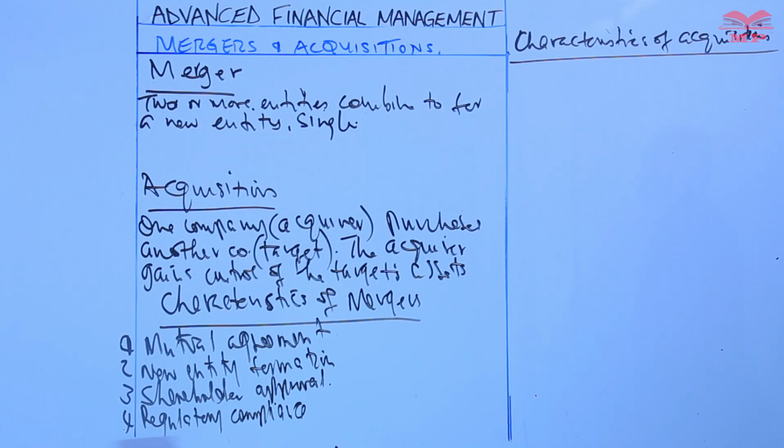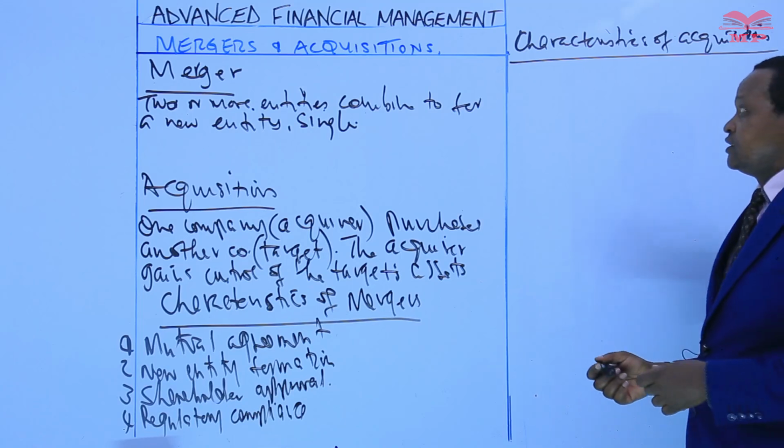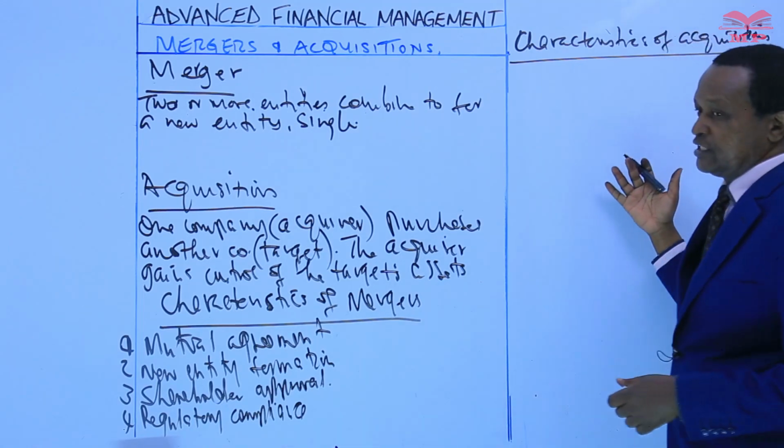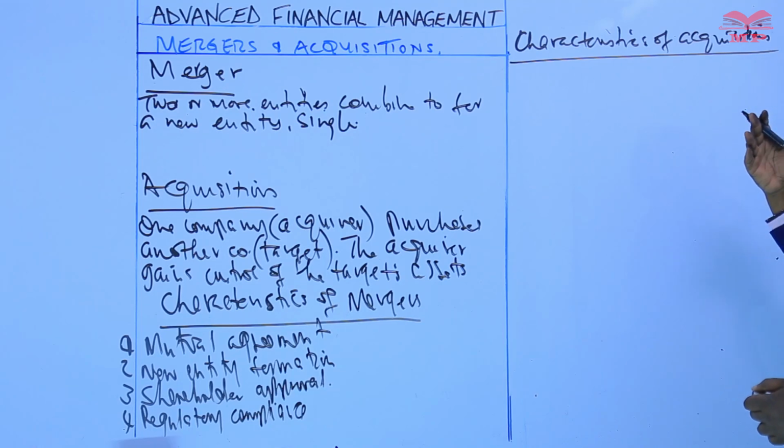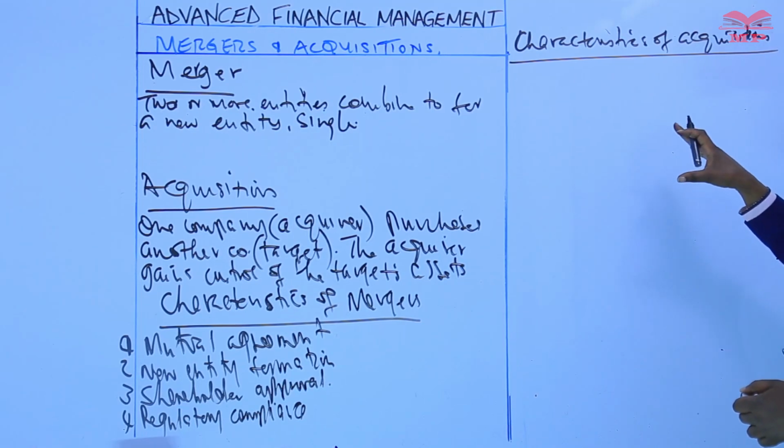Acquisitions, we've said, are a form of corporate combination, and they also have several characteristics. Characteristics are the attributes or the features.